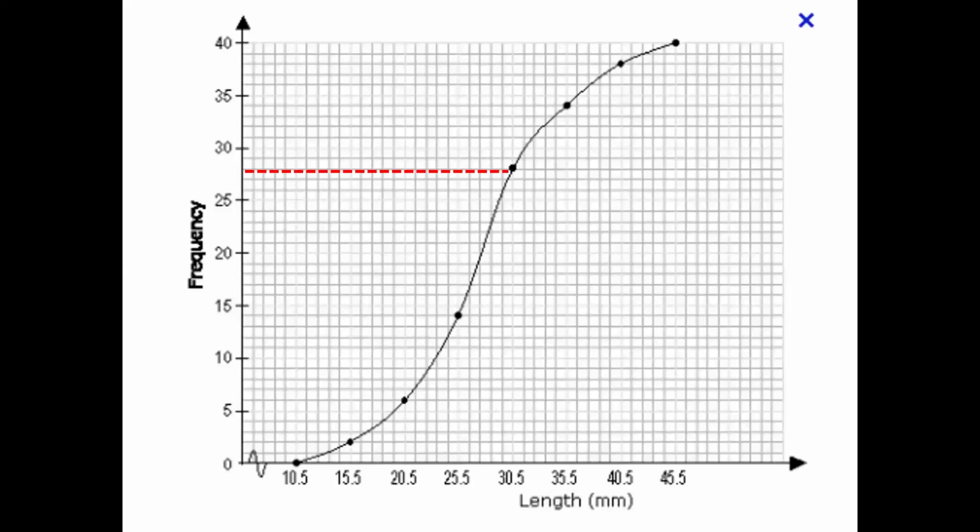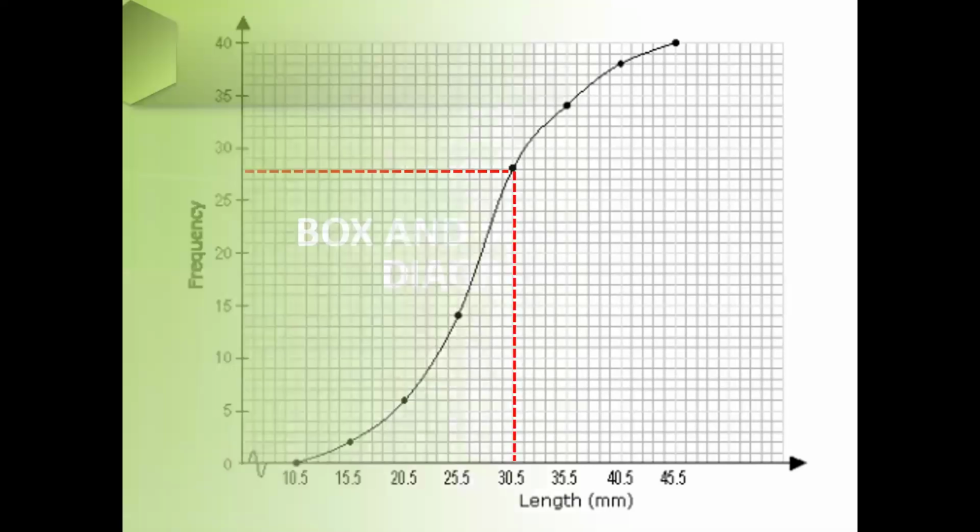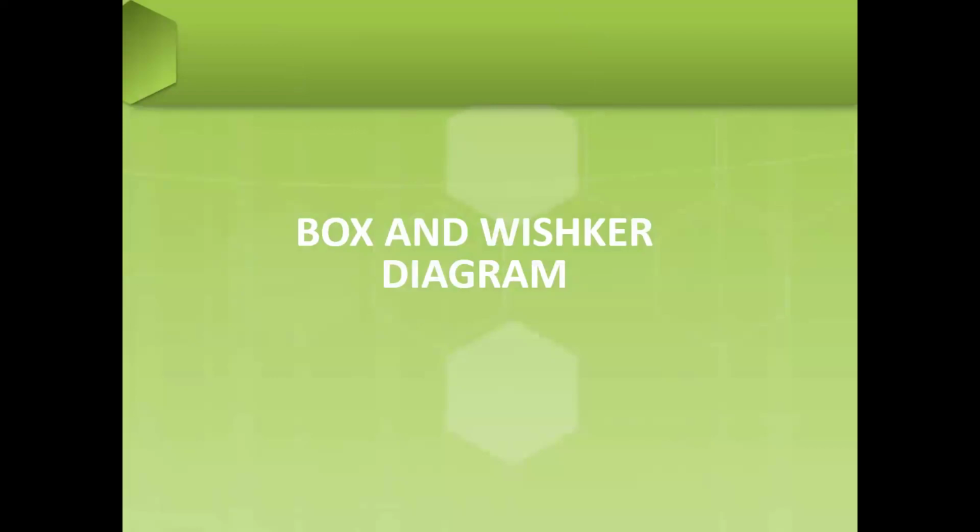So the total is 40. You will find 70% of 40, and then you find the number on the x-axis. This is the percentile.